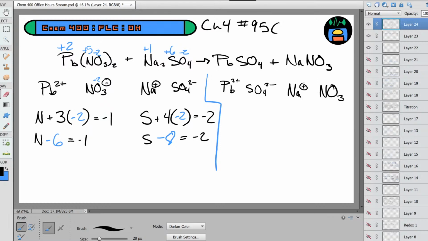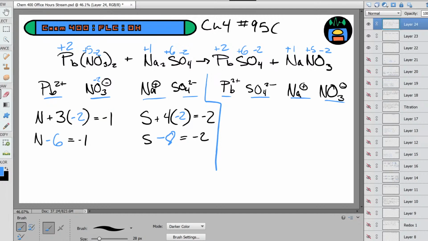And one thing you'll notice is we have the same 4 species on this side of the reaction that we do on this side, which means we've already assigned all these oxidation states. Lead's going to be 2, sulfur is +6, oxygen's -2, sodium is +1, nitrogen is +5, and oxygen is -2.